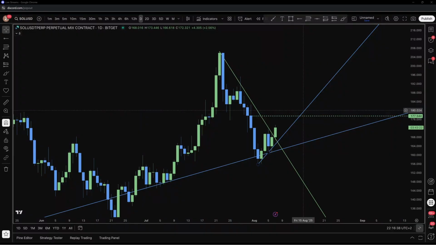I talked a lot about RSI already and shared screenshots about those, and I think we have things coming up on the daily to hit something that's also in confluence with the 180 area, while the 4-hour is going into a very overheated area, and also the weekly goes into its resistance.